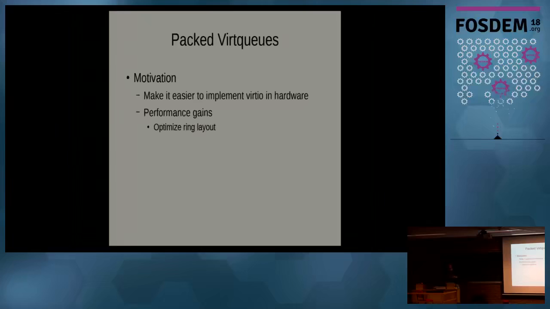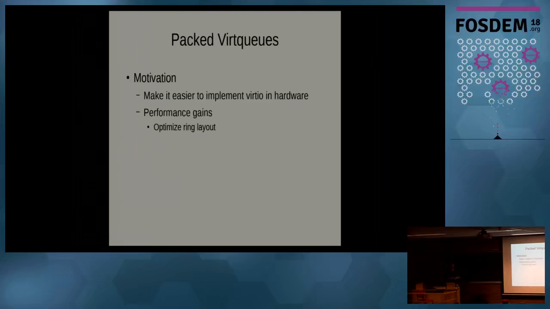I guess it's just because they're too complicated to implement. I know that one company once tried it and stopped at some point. And now there are several companies that make an effort to push forward in this space and actually try implementing Virtio in hardware and make accelerators for it. But not only hardware, also pure software implementations should benefit from Virtio 1.1 and the packed ring layout.